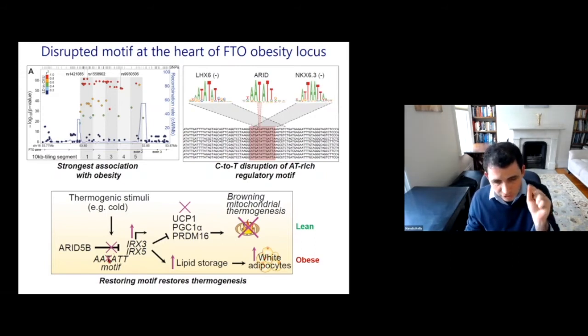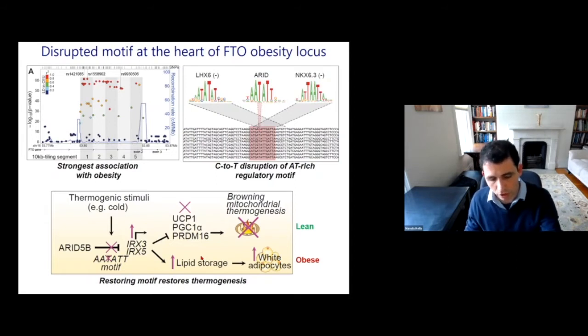And what we found is that a single motif alteration, one of those little things that we're going to be talking about today, is in fact responsible for loss of binding of this ARID5B receptor in this massive 12 kb super enhancer, which then leads to de-repression of IRX3 and IRX5, which are master controllers of this process, leading to a shift from burning calories in your brown adipocytes to storing calories in your white adipocytes. So this is extremely important for regulatory genomics of disease.